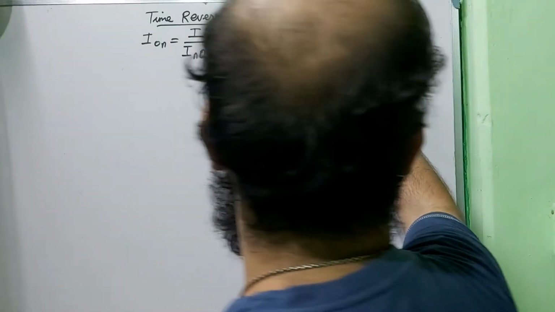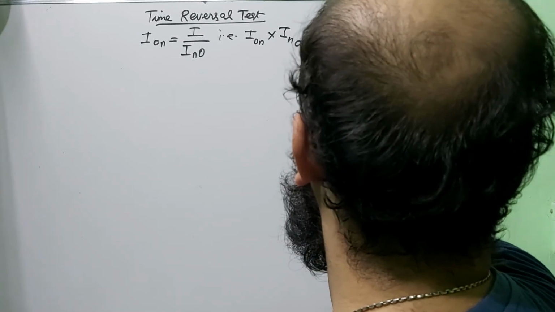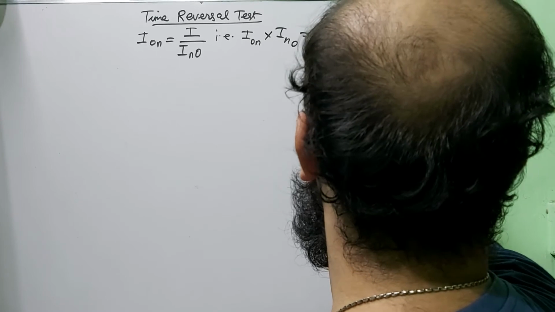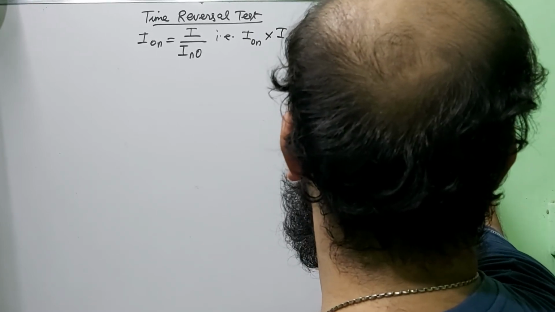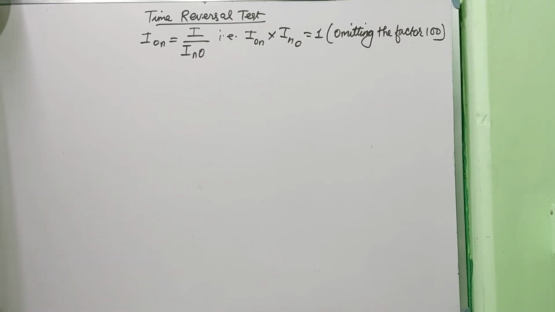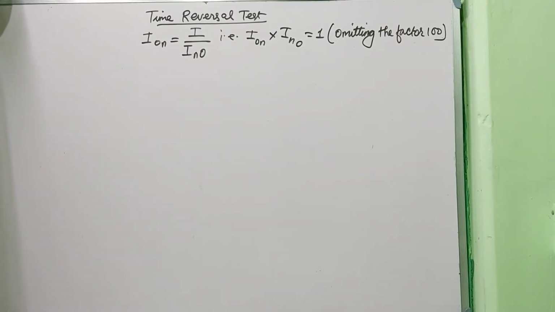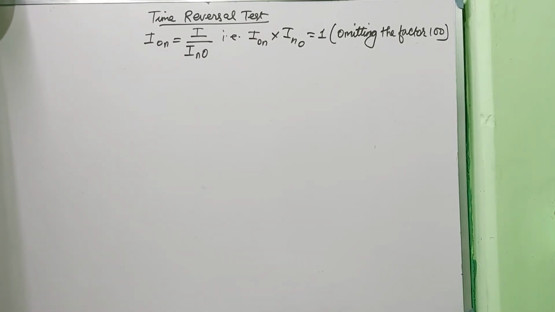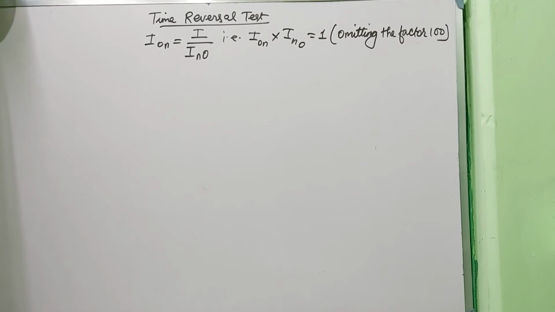We have to omit the factor 100 in every case. This is time reversal test. This test is satisfied by simple aggregate index, simple geometric mean of price relative formula, and also weighted geometric mean of price relative formula with constant weights.